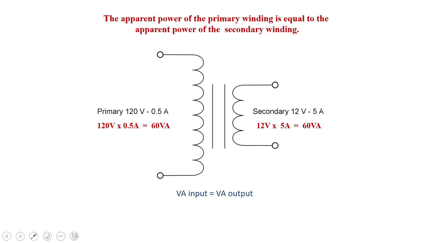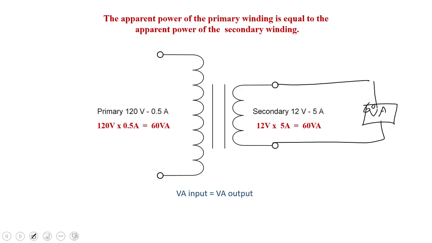So whenever we look at a load on the secondary of a transformer, we're not too concerned with the true power of it. What we're really concerned with is what is the VA of this load. So on a 60 VA transformer, the maximum we could load this transformer to would be 60. Now we don't usually load a transformer right up to 60 or its maximum VA.